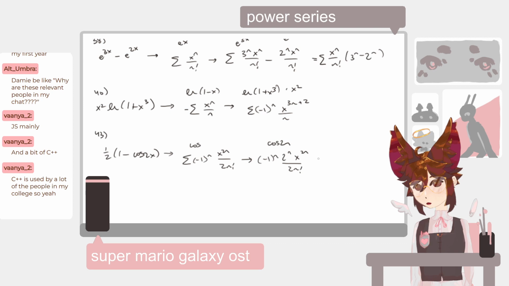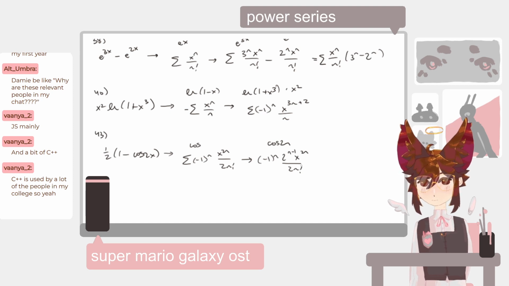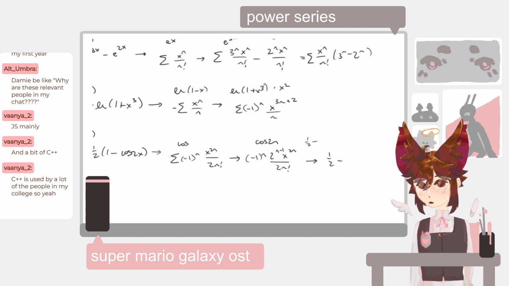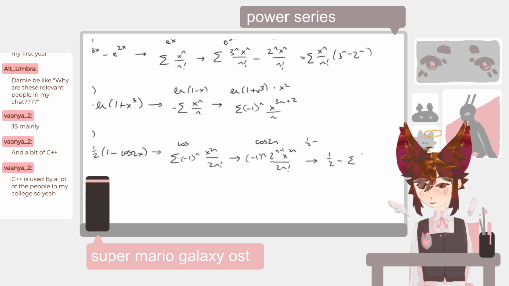Can I just slap a 2n minus 1 here? And then just say 1/2 minus, like 1/2 minus cos 2 this thing. Maybe? Do I get that?